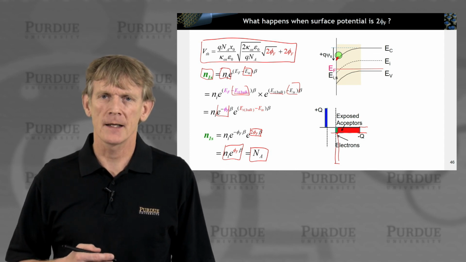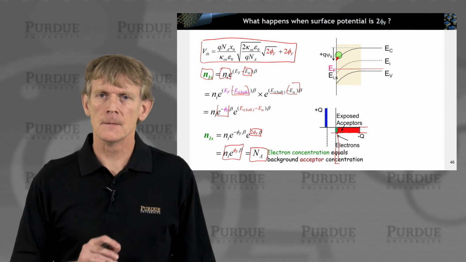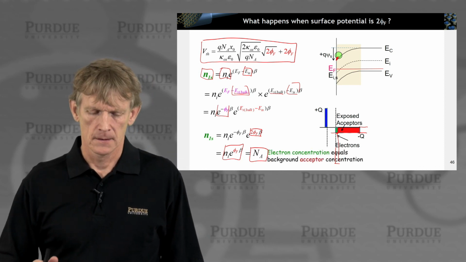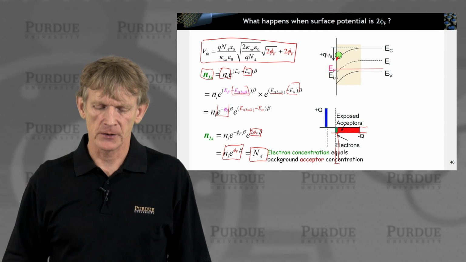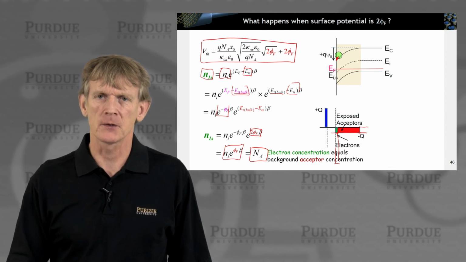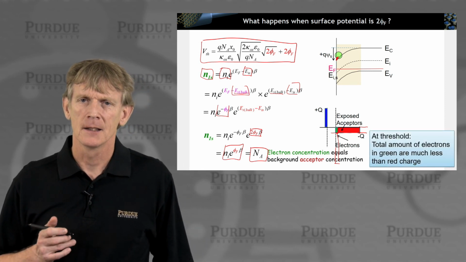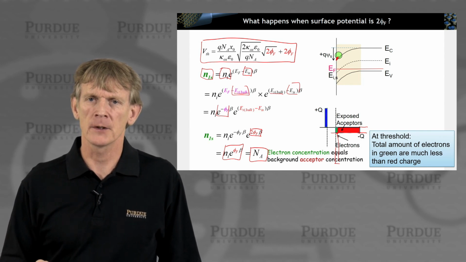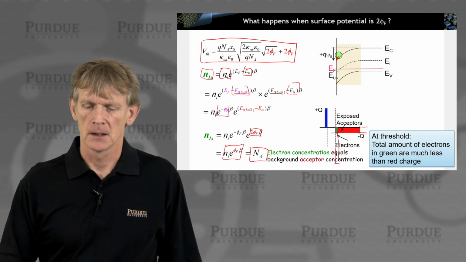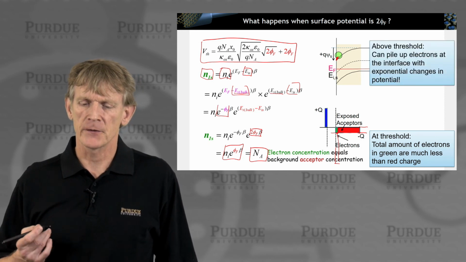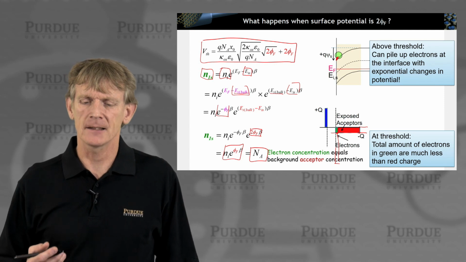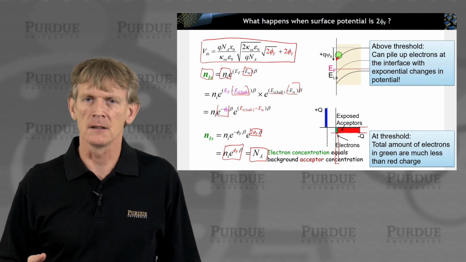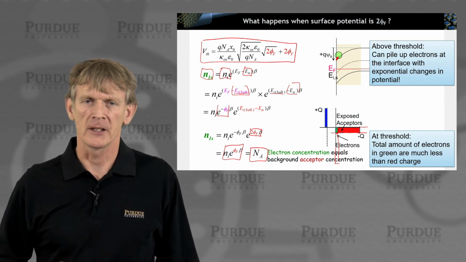Here the electron concentration equals the background acceptor concentration. But what does that mean? At that point, the green bar is becoming more and more important compared to the red bar. And above threshold, you can pile up electrons at that interface with an exponential potential dependence.